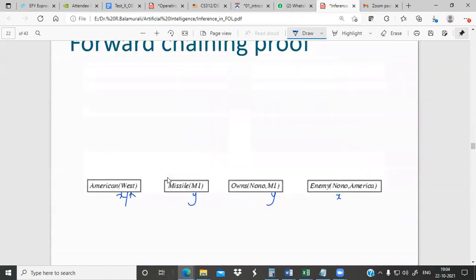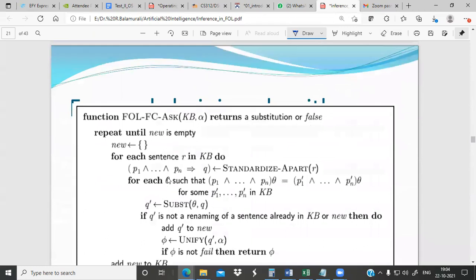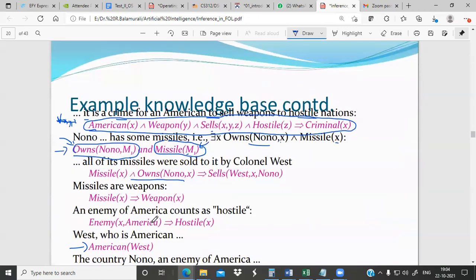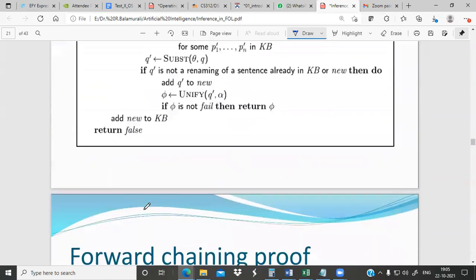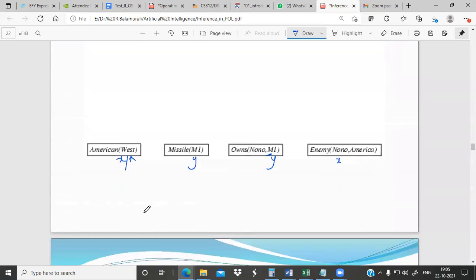Hence the missile of Y is replaced with some constant M1. Similarly, Nono owns that missile, so that is also replaced with M1. And Nono is an enemy of America. The enemy of X comma America represents a hostile nation, and in the knowledge base we have a statement which says that Nono is an enemy of America. So this X is replaced with Nono.